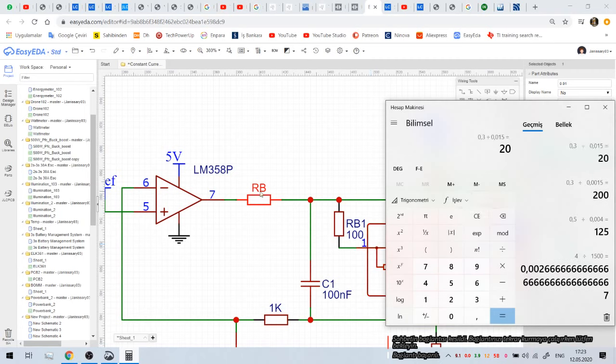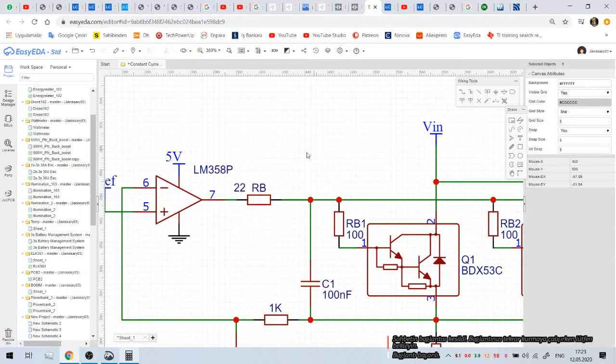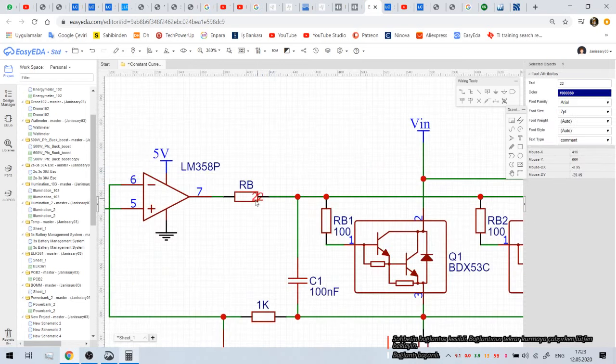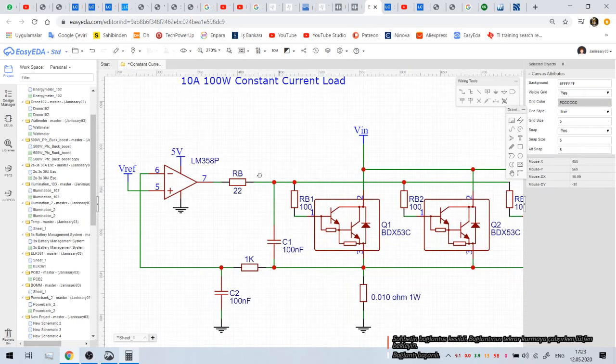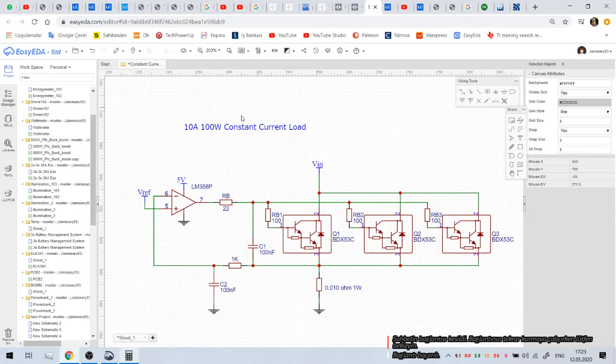Yes, maybe I can take 22 ohm resistors to here. Only a 22 ohm resistor here. Yes, this is our design considerations.